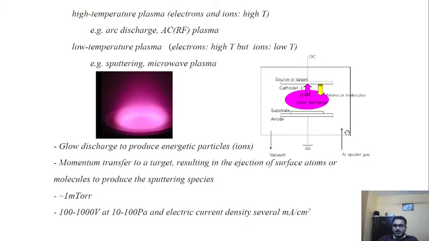Argon is the sputter gas over here, and there will be a glow discharge as can be seen, and this glow discharge is used to produce the energetic particles, that is ions. There is this pink region. Momentum transfer to the target. So there will be a momentum transfer to the target resulting in ejection of surface atoms or molecules to produce the sputtering species.